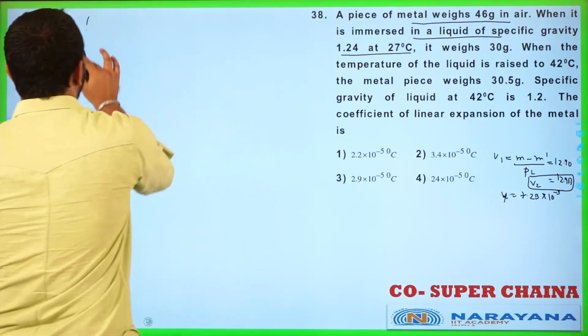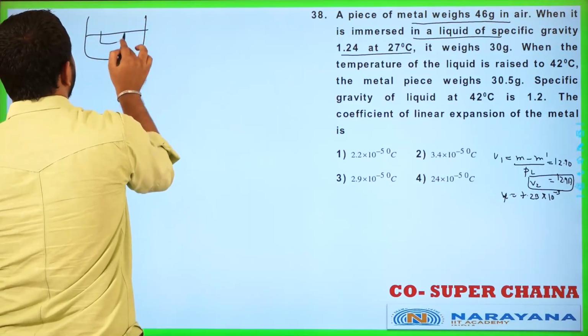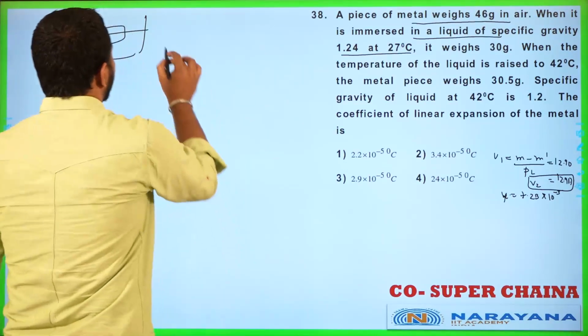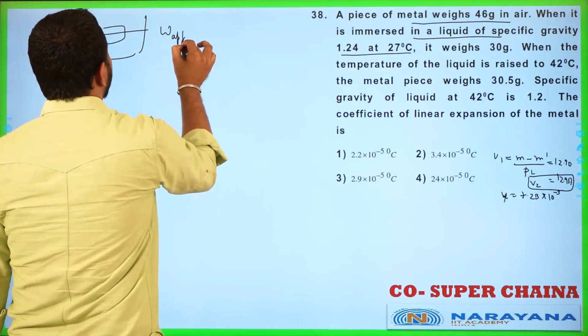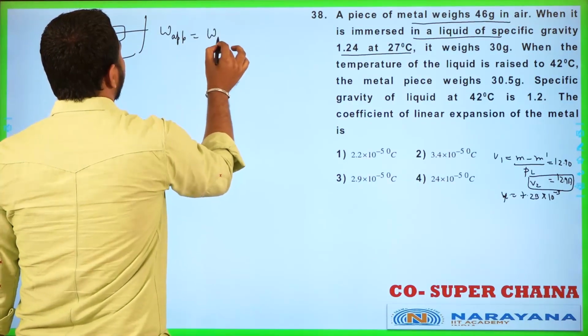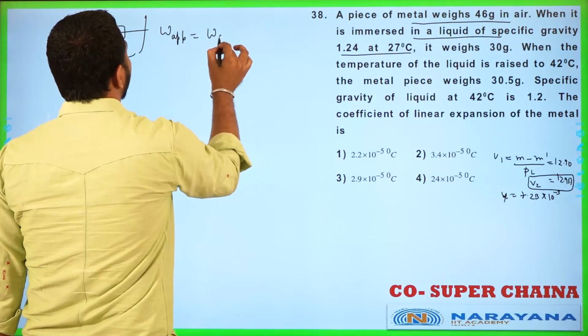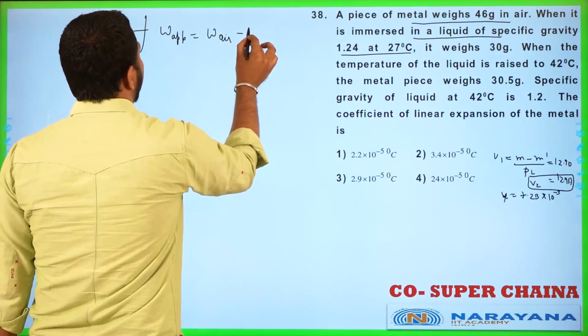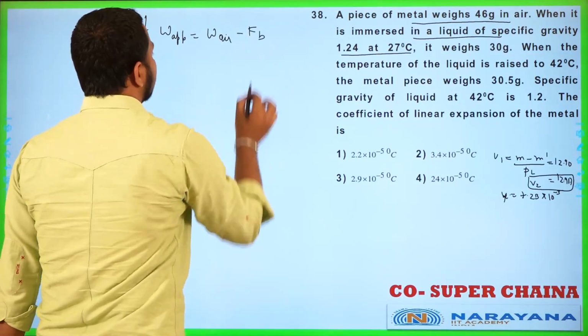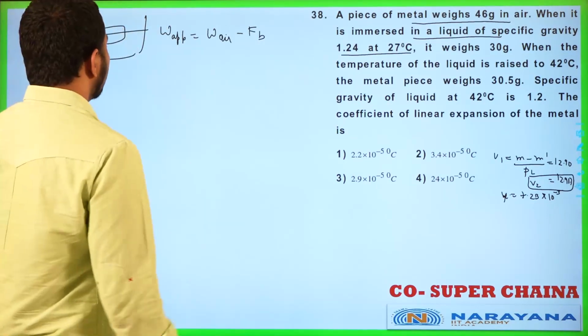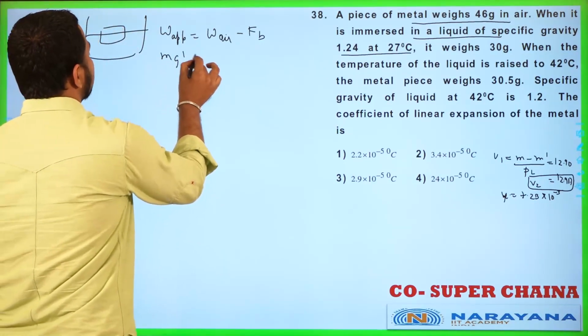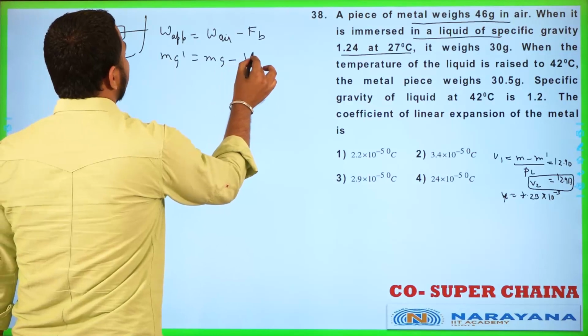So if I have a body and I place it in a liquid, the apparent weight will be equal to the original weight in air minus the buoyant force FB. So m dash g will be equal to mg minus v rho g.